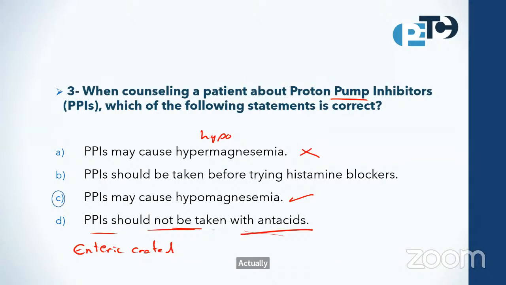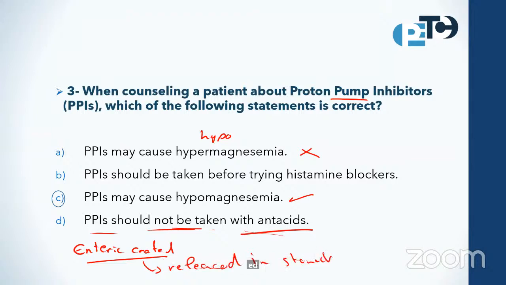So when you give antacid at the same time, what will happen to the pH of the stomach? It will decrease the pH of the stomach. Okay, sorry, increase it. It becomes more alkaline. So the enteric coated tablet of the PPI will be released in the stomach in this case, rather than in the small intestine.